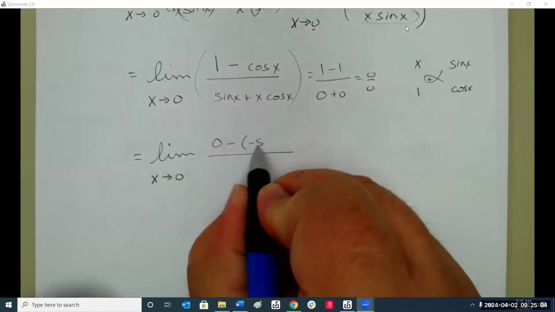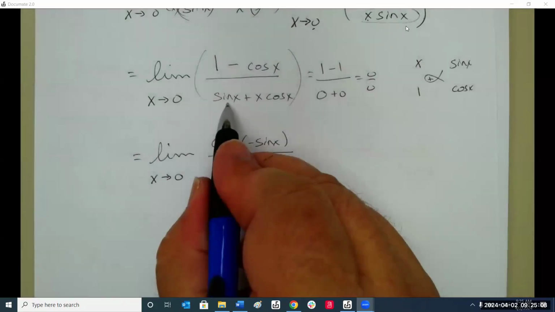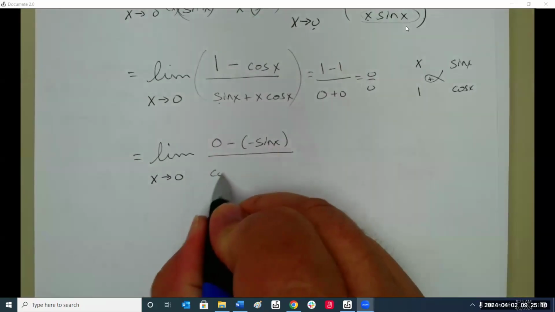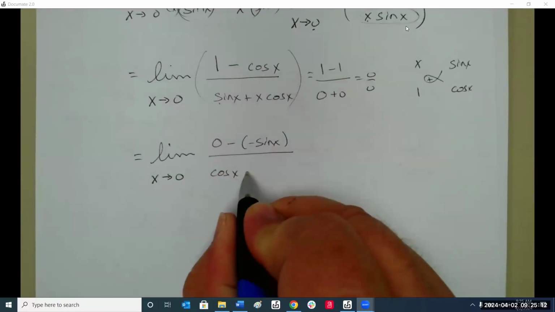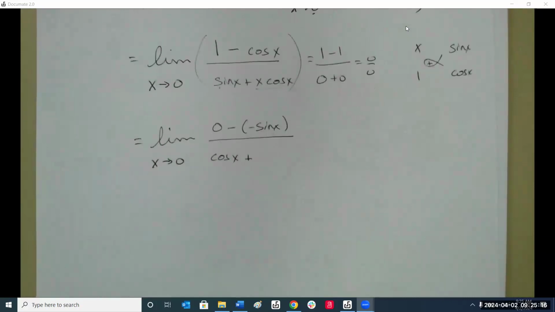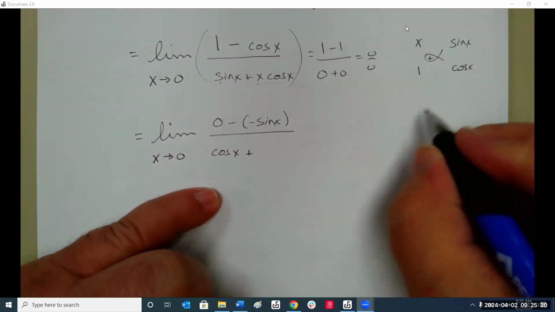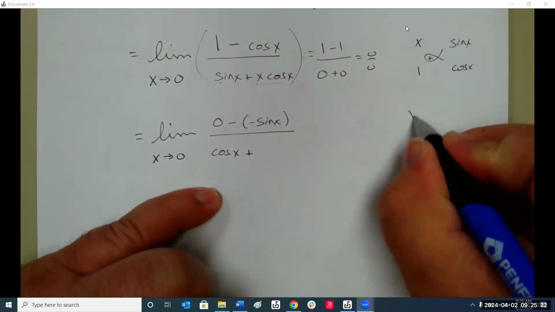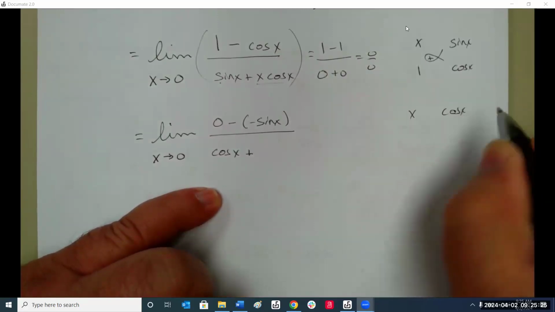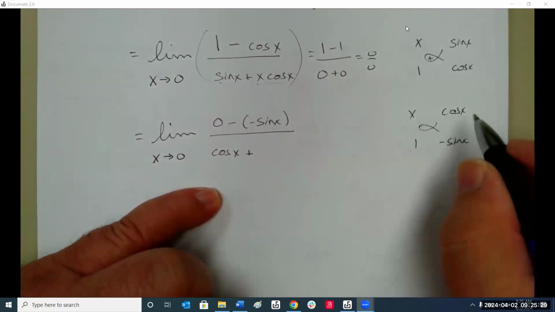The derivative of cosine is negative sine. The derivative of sine x is cosine x. Now we do the product rule again. So we have x cosine x and 1 times negative sine.